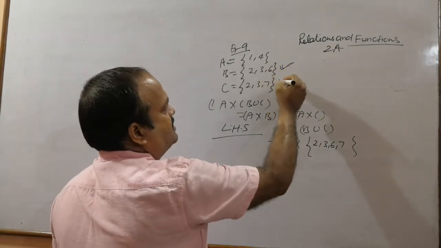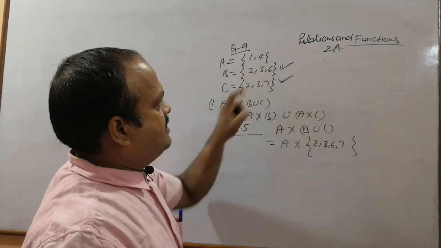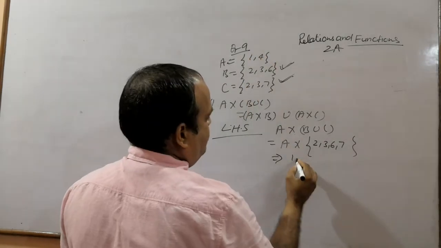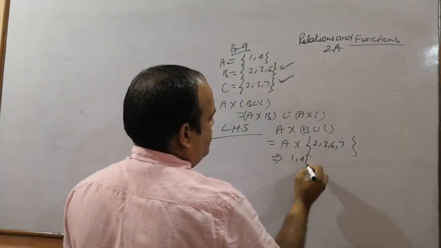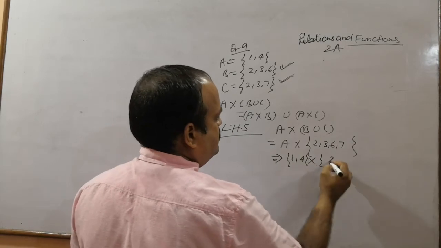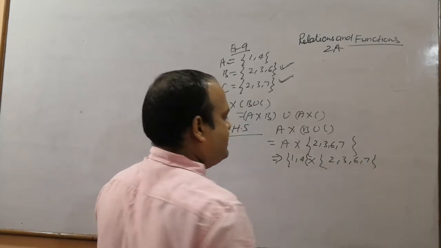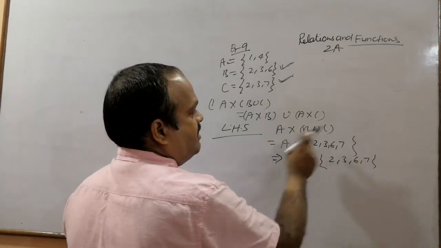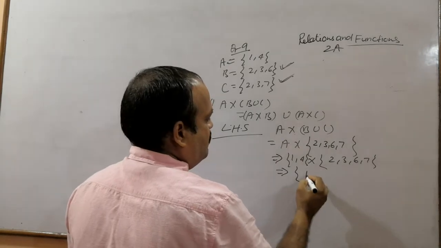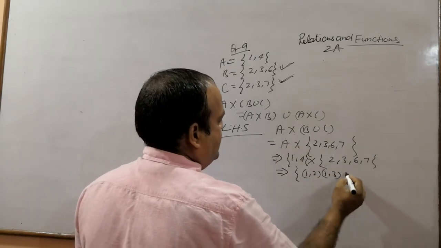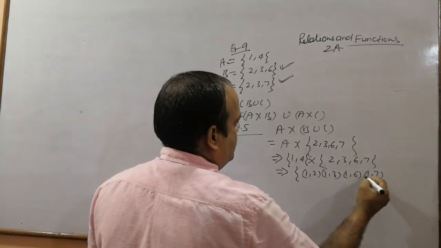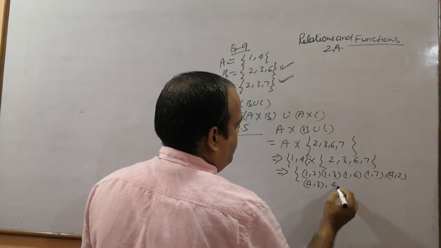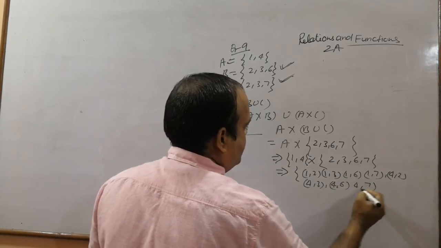A is {1, 4}, so {1, 4} cross {2, 3, 6, 7}. 2 elements times 4 elements, so there will be 8 elements in A cross (B union C): (1,2), (1,3), (1,6), (1,7), (4,2), (4,3), (4,6), (4,7).